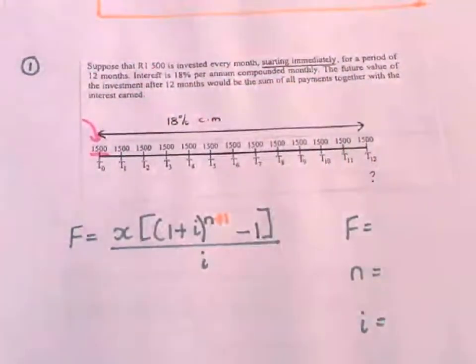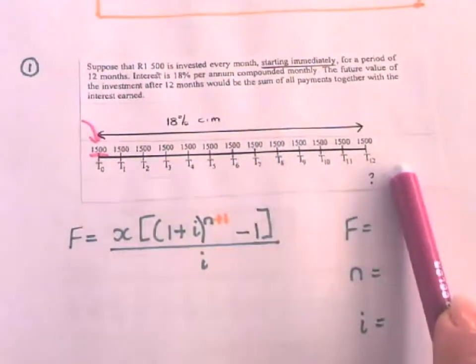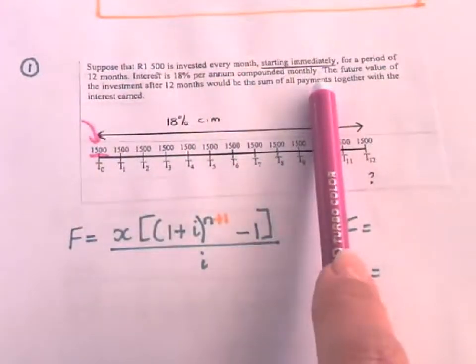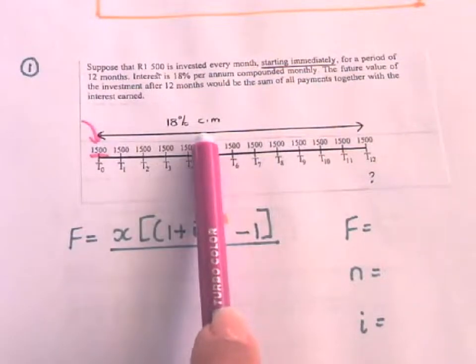And then every month, at the end of every month, we also deposit 1,500 Rand. Interest is 18% per annum, compounded monthly. So it's 18% compounded monthly.